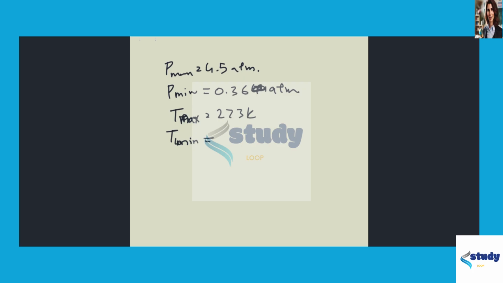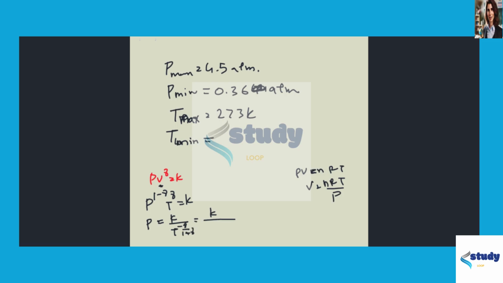To see T min, you should know that PV^gamma is constant, which means we can substitute for V. PV is equal to nRT, which gives us V is equal to nRT by P, which gives us P^(1 minus gamma) T^gamma is a constant, which means P is equal to K by T^(gamma by (1 minus gamma)).